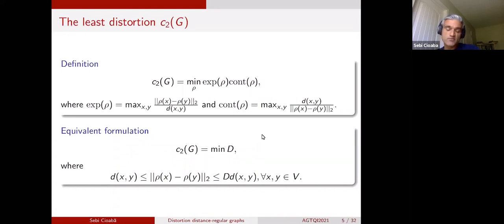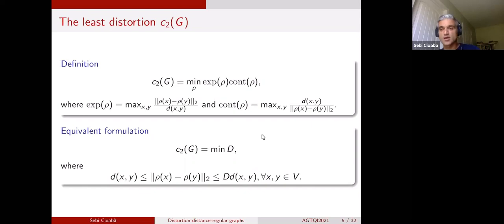The equivalent formulation for c2(G) is the minimum of D with the property that this function rho satisfies this inequality: for any vertices x and y, the distance in the Euclidean space between rho x and rho y is at least the distance in the graph between x and y, and it's also at most this number D times the distance d(x,y).